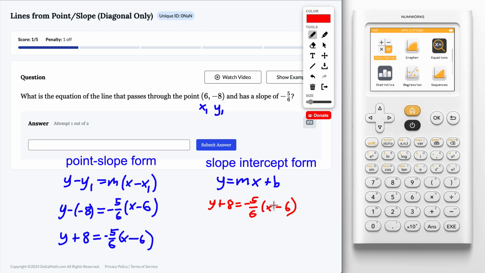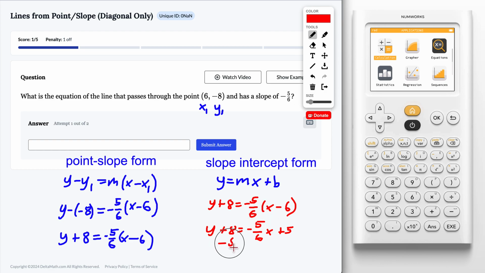Now if I distribute this -5/6 to everything inside, I'm going to get y plus 8 equals -5/6 x plus 5. Negative times a negative is a positive. A division of 6 times a multiplication of 6 would cancel out and leave the 5.